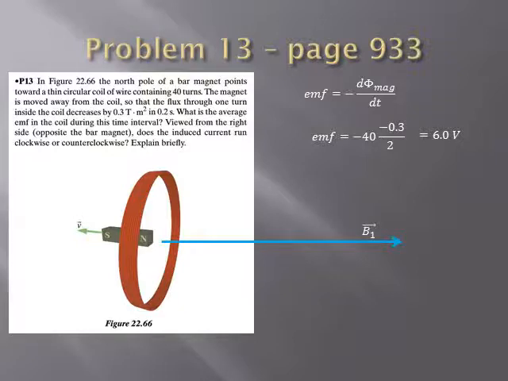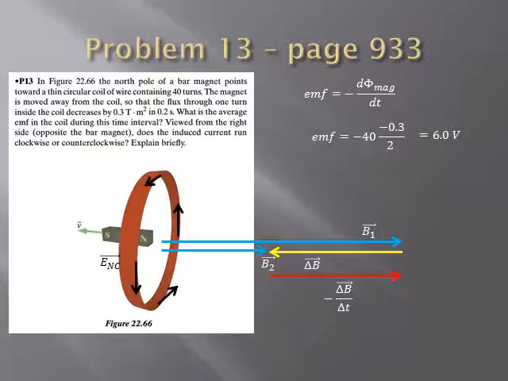How do we figure out the direction of the curly field? Well, initially the magnet is close, so the B field that is pointing through our circular loop, our flux, is large. And sometime later it gets smaller. So the change in B points with the velocity of the bar magnet. And I want the negative change in that with respect to time, so that's pointing with the B field.